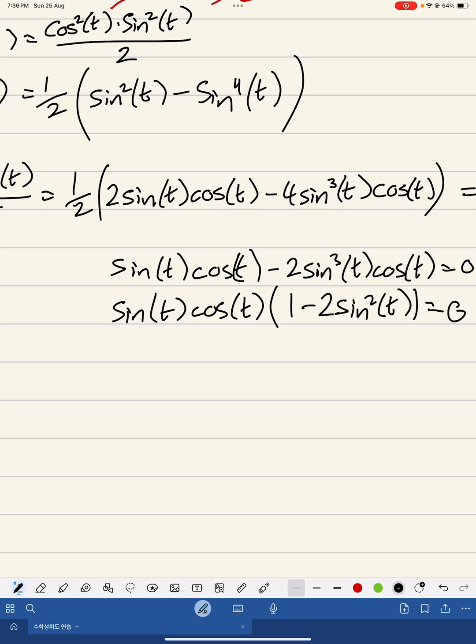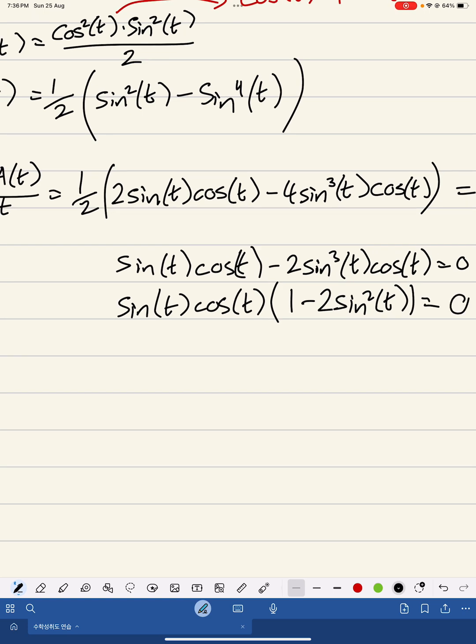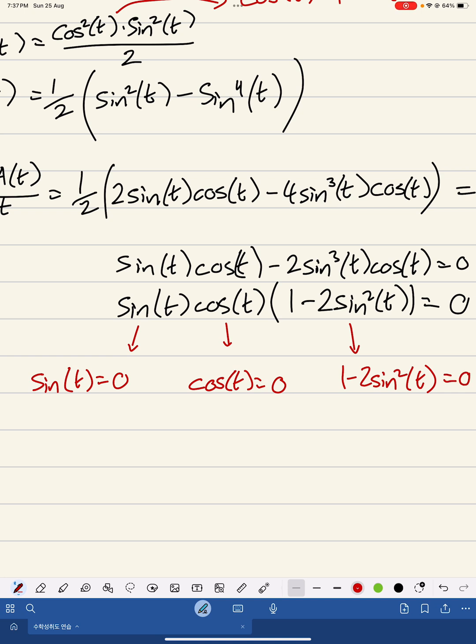So we can see that there are several t values. This expression can only be 0 when sine of t equals 0, when cosine of t equals 0, or when 1 minus 2 sine squared t equals 0.